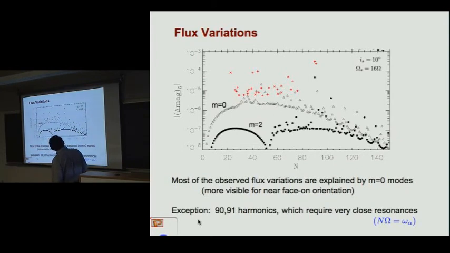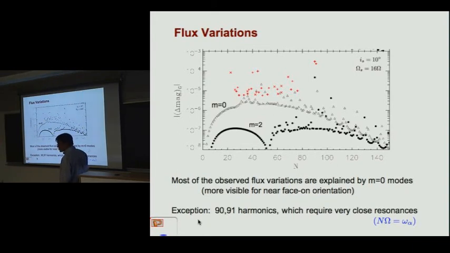The dotted points are the calculation, the prediction, for n equals 0 and n equals 2 modes, and the red points are the data. The bottom line is that most of these oscillations, this variation detected here, can be explained by tidally induced n equals 0 modes.